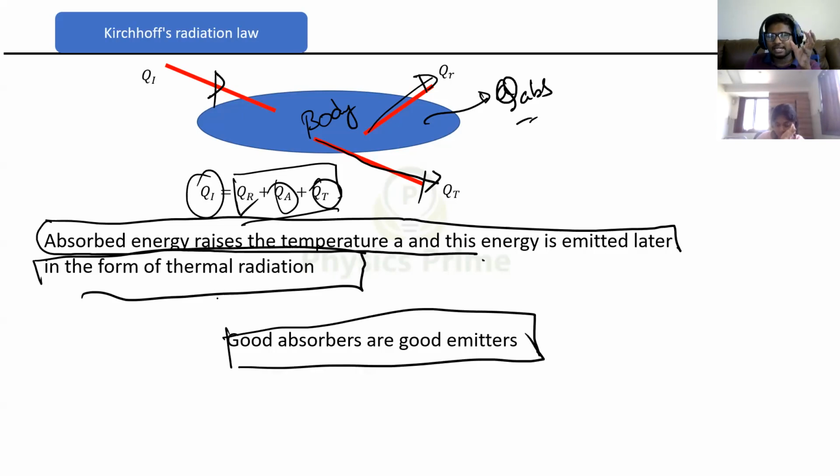Are you getting clarity or should I explain it again? So one is incident energy, which is used for reflection, absorption and transmission. If reflection and transmission are higher, absorbed energy will be lower, right?